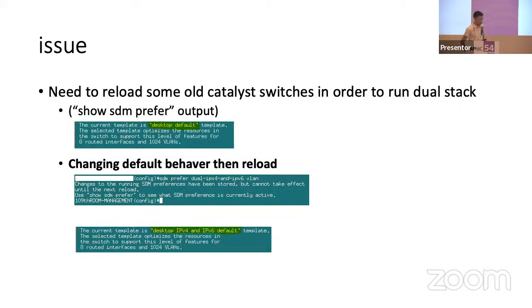Also we used some old Catalyst switches whose default behavior did not support IPv6. We changed their default behavior and reloaded them, and then the switch supports dual stack.